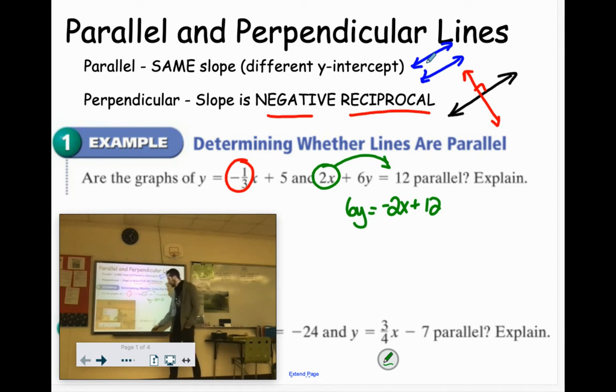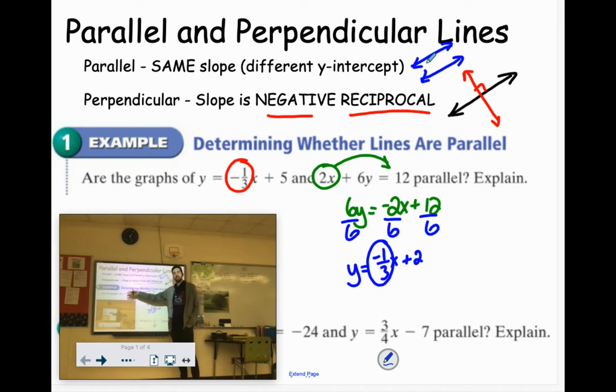And then we don't want that 6 there, so we would divide it. So it could be y equals negative 2/6, which reduces to negative 1/3 x, plus 12 divided by 6, which is 2. So the slope of this line is negative 1/3. The slope of the first line was negative 1/3. They have the same slope and different y-intercepts.